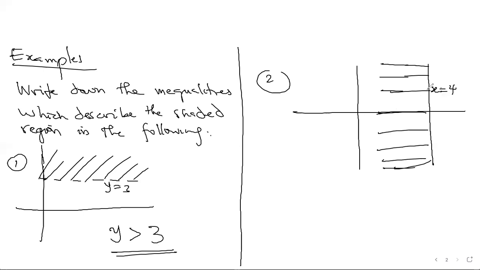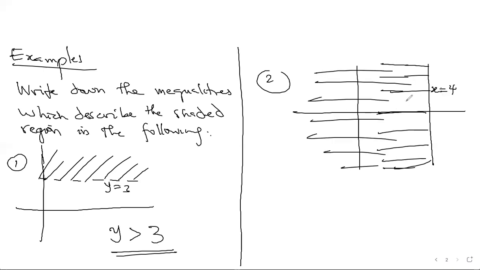Then for this, the solution are these numbers here in this region. If I go towards the left, I'm going to meet numbers that are less than 4. That is 3, 2, 1, 0, minus 1, and so on. So this will be x less than 4. It's as simple as that.